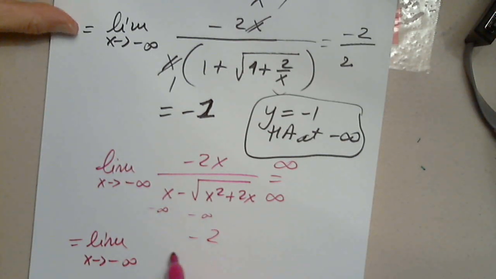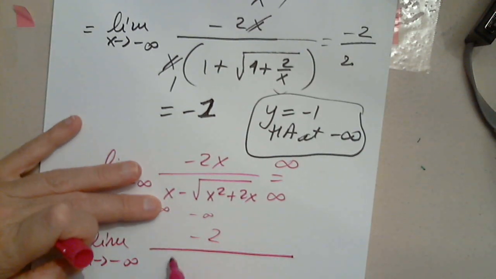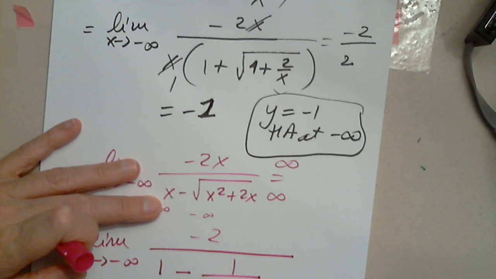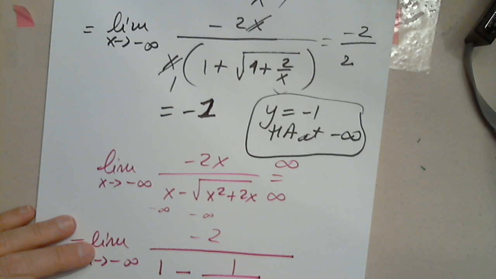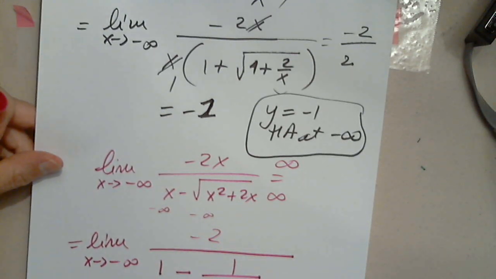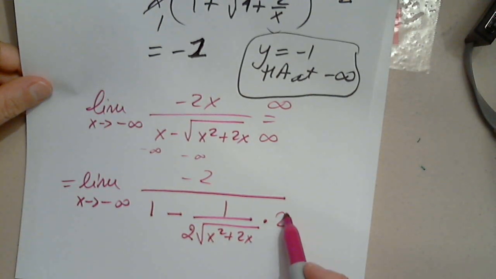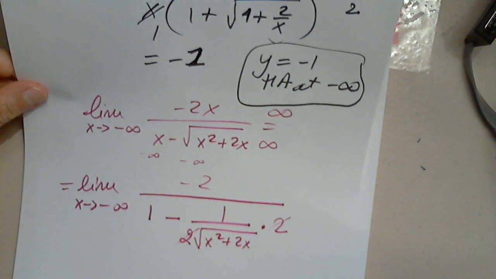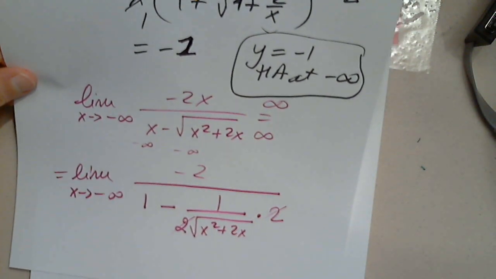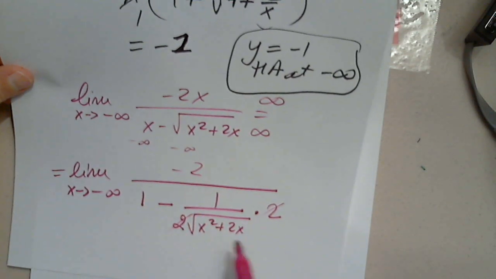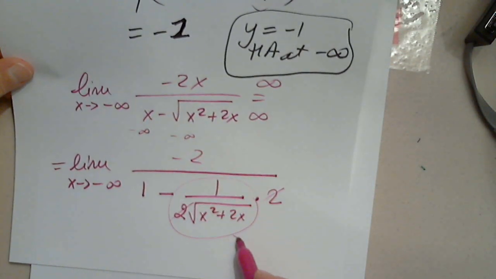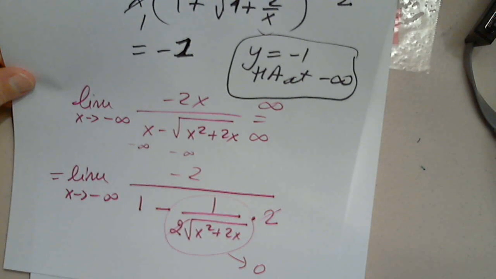The numerator is -2. The denominator is 1 minus 1 over 2 times the square root of x squared plus 2x, multiplied by 2. So as x approaches infinity, this piece approaches 0.